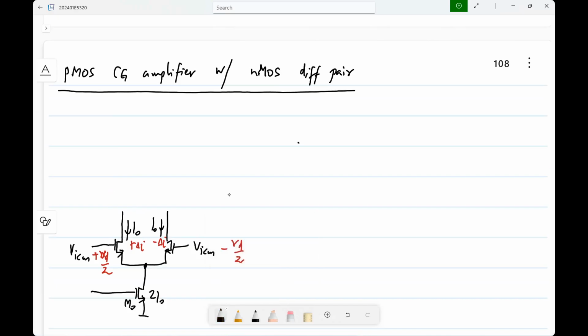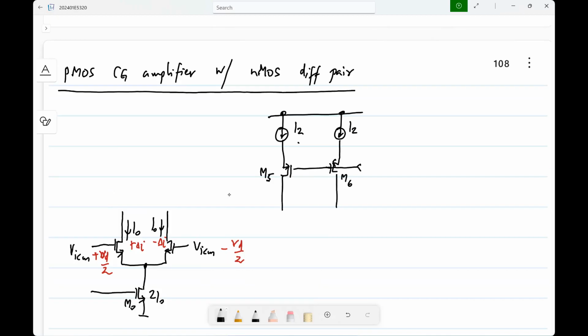So now we have PMOS common gate devices. We need two of them, one for each. Let me call this I2. So now the operating point current of these transistors M5, M6 is I2. What I want is to feed these incremental currents into that one. So how do I get that?